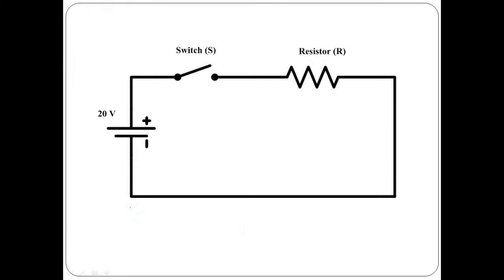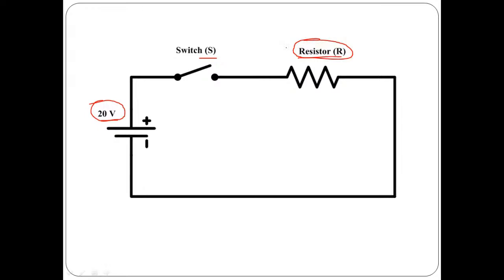I have considered a system where we have a resistor of value R, a switch, and a supply of value 20 volt. In this system, our objective is to supply this 20 volt to this particular resistor.